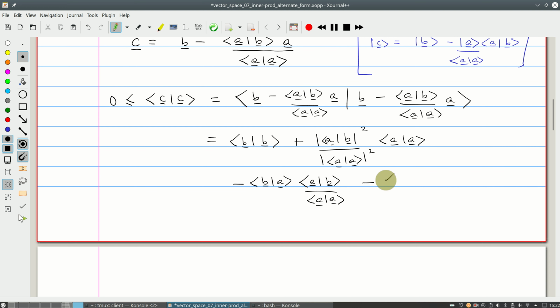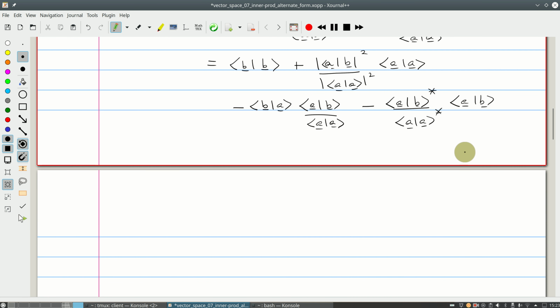That will be A with B star divided by A with A star, and then we have the inner product of A with B. Well, the complex conjugate of A with B is equal to the inner product of B with A, so we just have to flip it around.